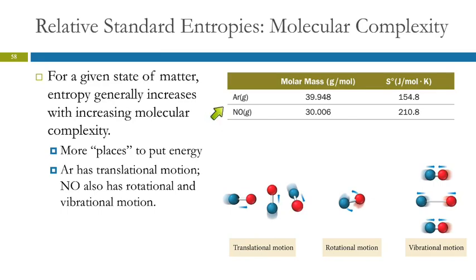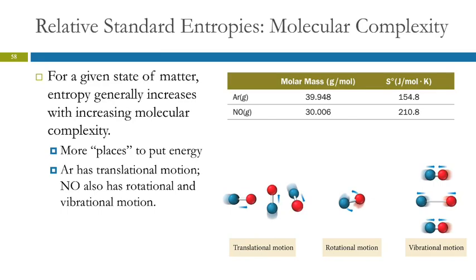Looking at these two substances, argon in the gas state and NO in the gas state, their molar masses are comparable, but NO has significantly higher entropy. They both have translational motion, rotational motion, but argon also has vibrational motion. Thank you.